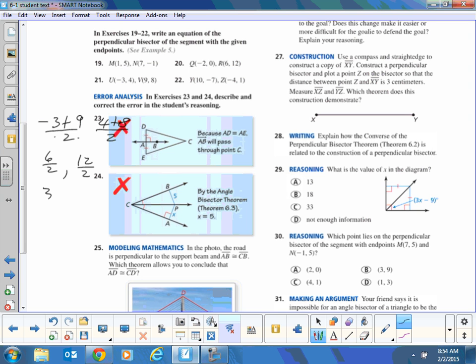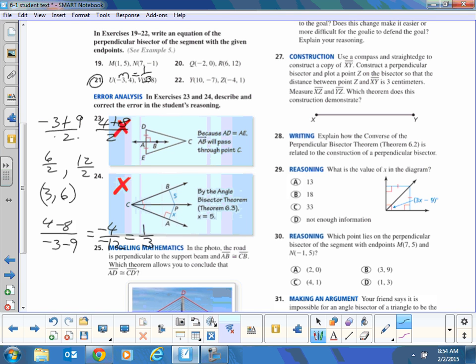I've got 3, 6. Nice even midpoint. So now I need to find the slope of this. I'm on number 21. So I've got 4 minus 8 over negative 3 minus 9. I've got negative 4 over negative 12 equals 1/3. So the slope of this thing right here is 1/3.